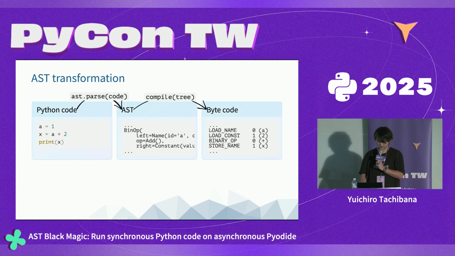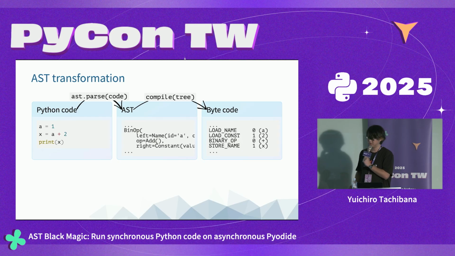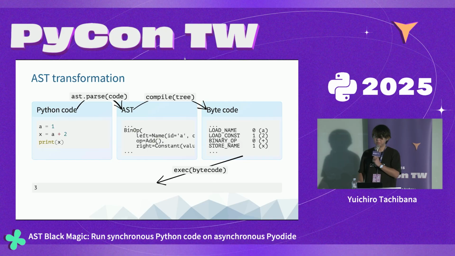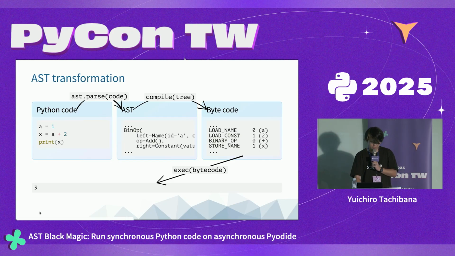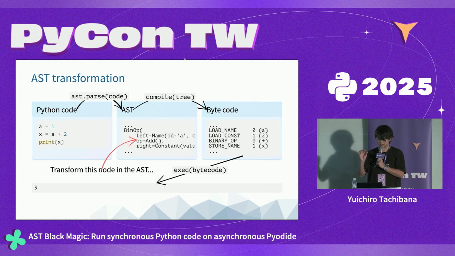Then you can compile the AST object into bytecode, although we don't take a closer look at compilation itself in this presentation. The compiled bytecode can finally be executed by using the built-in exec function. Finally, you get the expected result like this. At this point, let's consider adding some modification to the AST, not the source code itself.